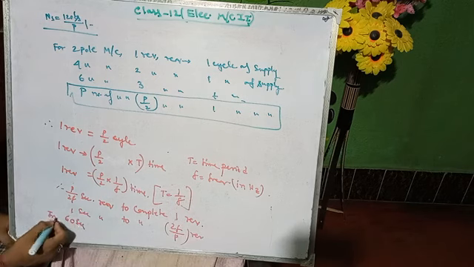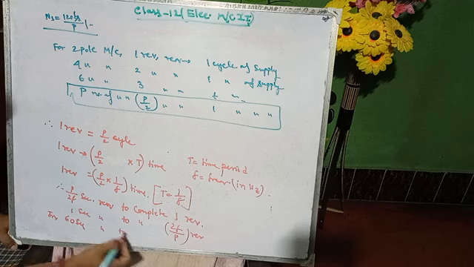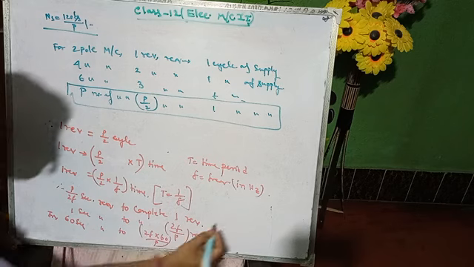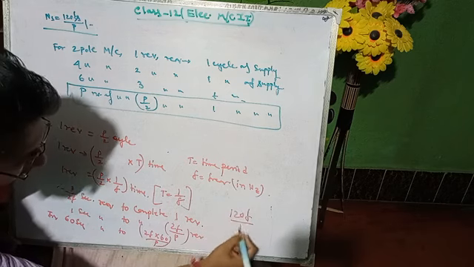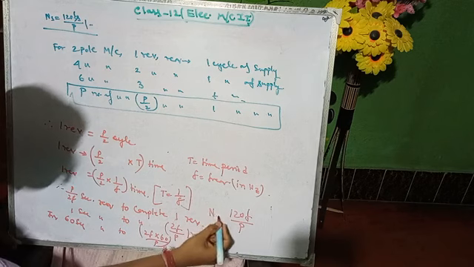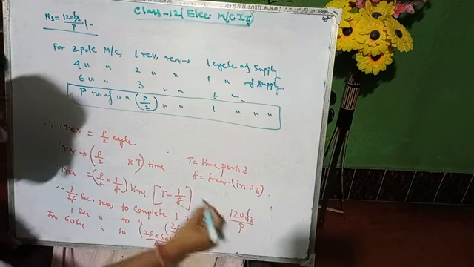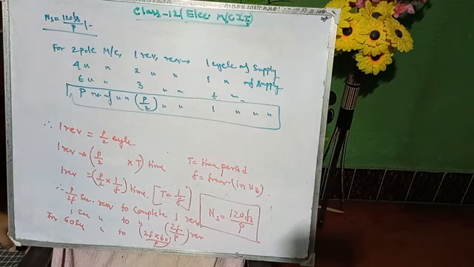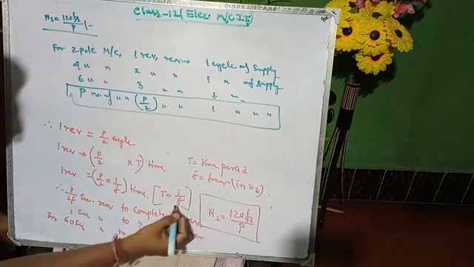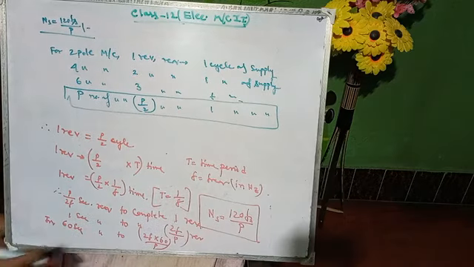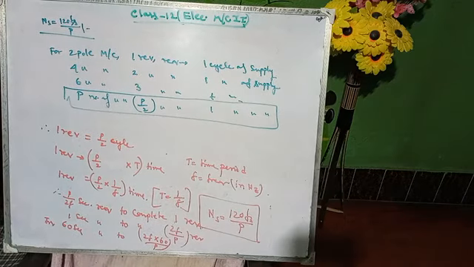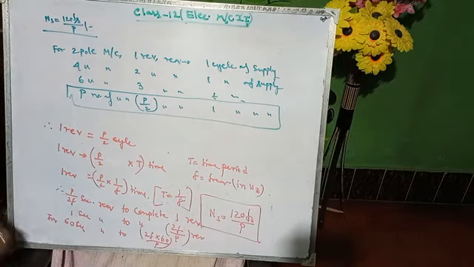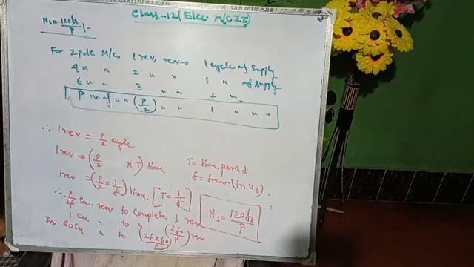In 60 seconds it will be 2f into 60 by P, that is 120 f by P. This is nothing but the synchronous speed, or you can say the stator speed, the rotating magnetic field of the stator. So Ns equals 120 Fs by P. Now we can use f equals Fs to denote it as synchronous. So this is the derivation of Ns equals 120 Fs by P.